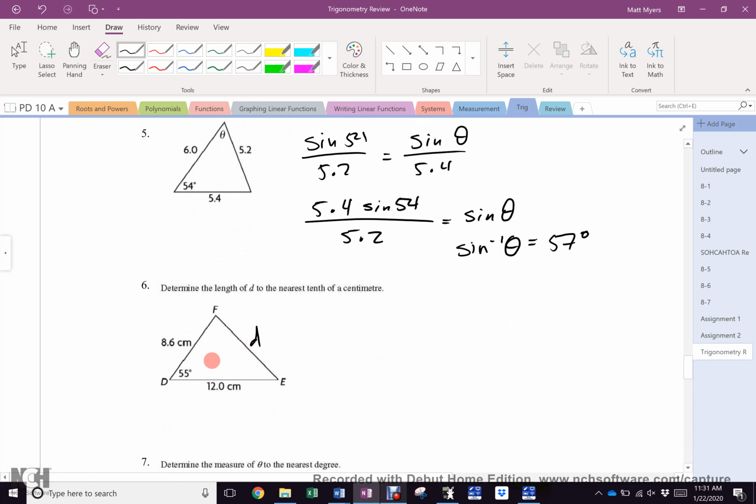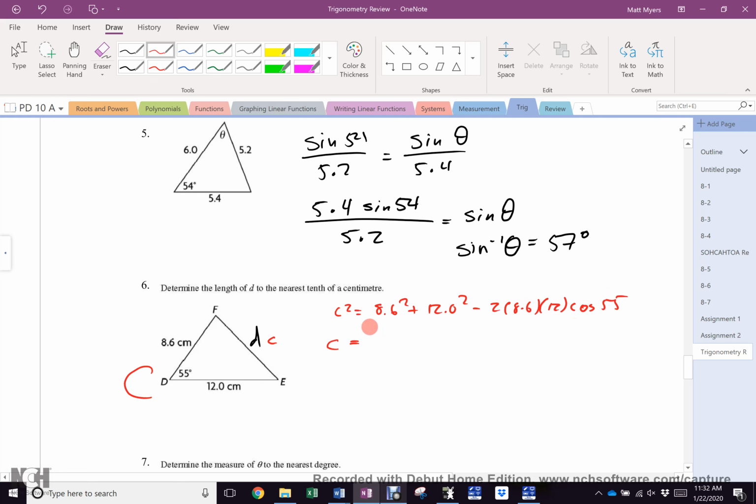Determine D. That is a cosine law situation. Since I need D, I'm going to make that little c, so that makes that big C. C squared equals 8.6 squared plus 12.0 squared minus 2 times 8.6 times 12 times cos 55.